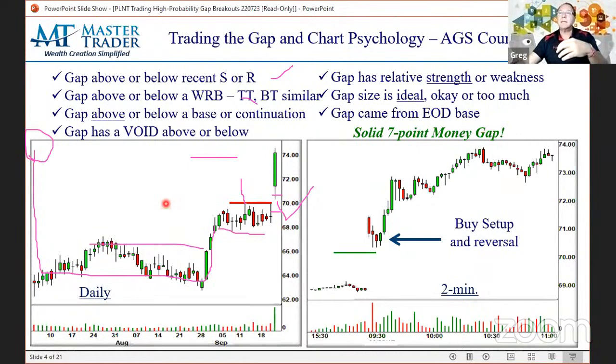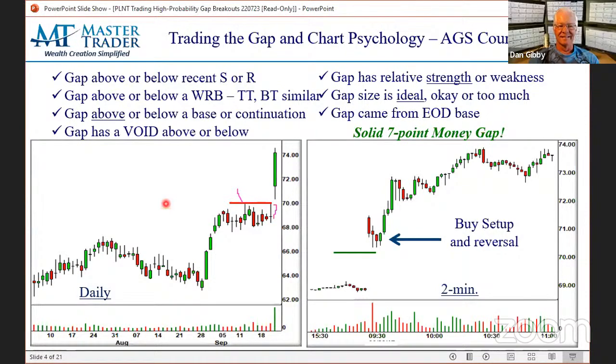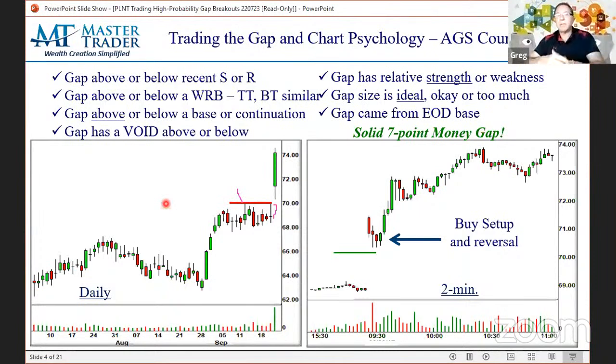So as this moved up from here, let's clean up my little cartoon here. As this came up from here intraday, when it reached that point, sellers came into the market and knocked it down. Right. And so it became a topping tail at the end of the day, which by definition, a topping tail means sellers took control, and it's kind of a little bearish bar, but it didn't break down, right?